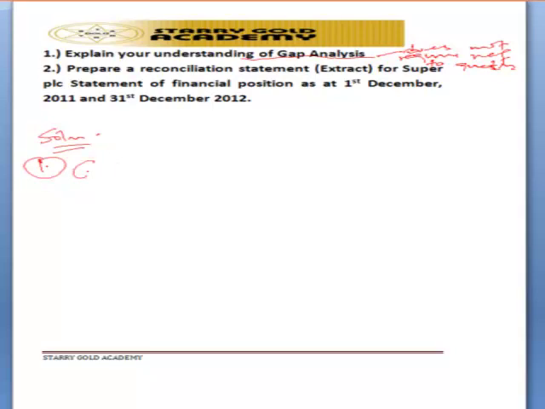Gap analysis is just a way of remodifying a requirement of IFRS about what we call the reconciliation statement. So it's a way of giving it a name.